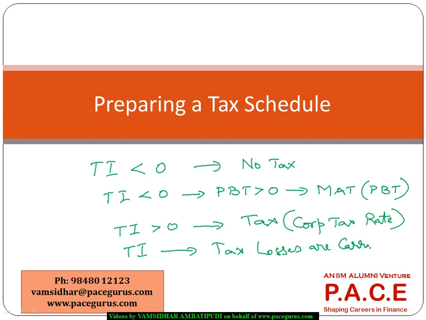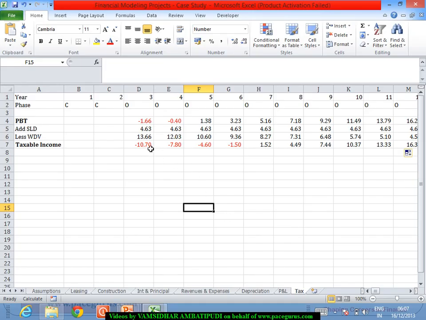What does that mean? Any kind of loss that I am going to get, these are the losses. On these losses I am paying a tax, I'm not supposed to pay a tax, right? These are the typical losses.